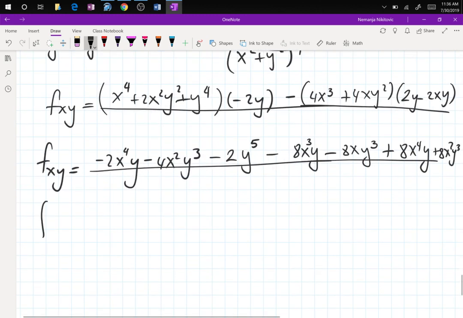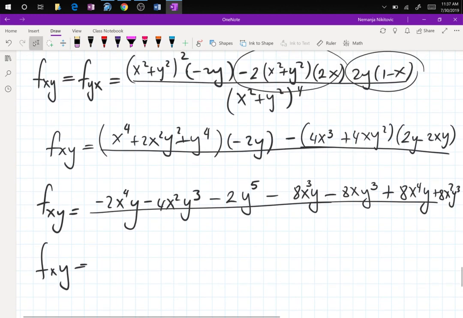Holy nightmare. The denominator is still the same, x squared plus y squared to the 4th.